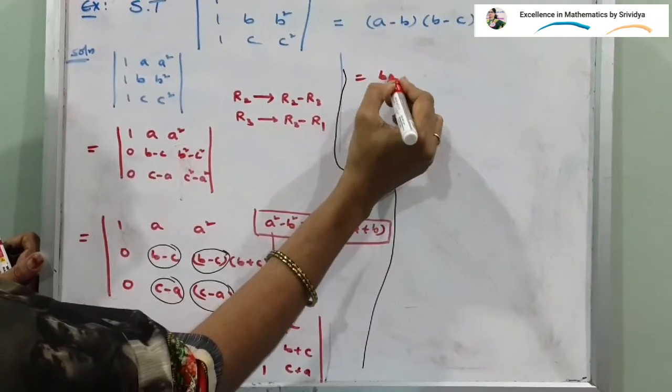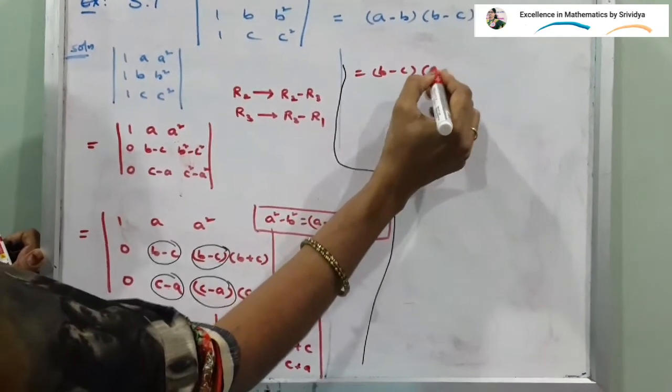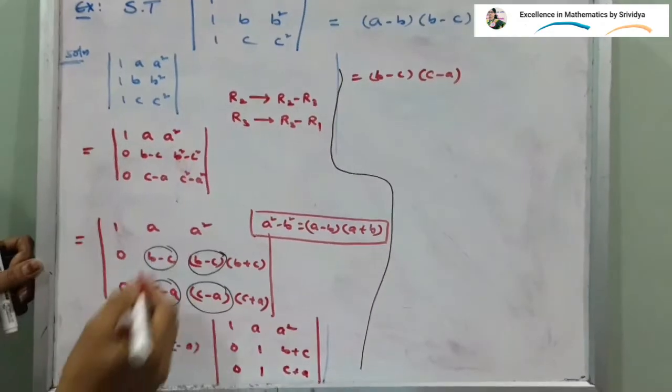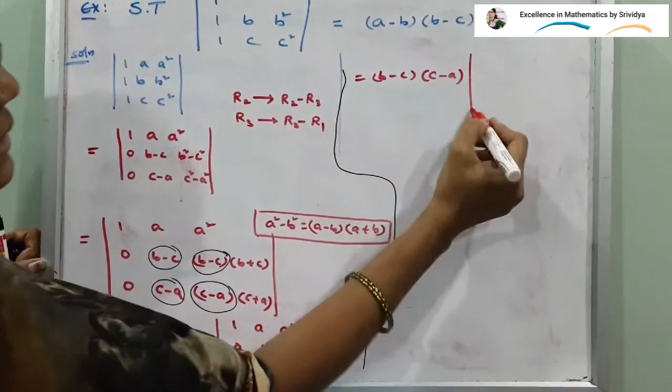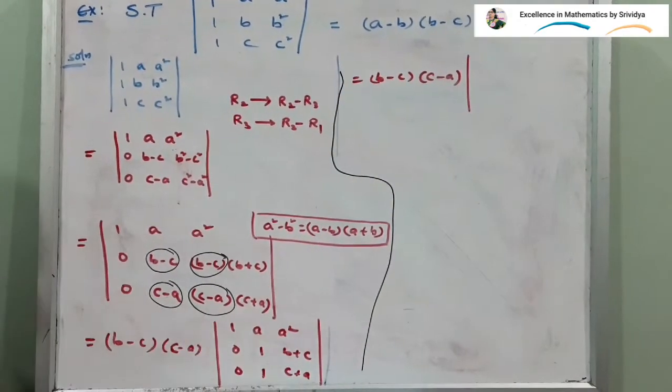This equals (b − c)(c − a) times the determinant of the 3 by 3 matrix.